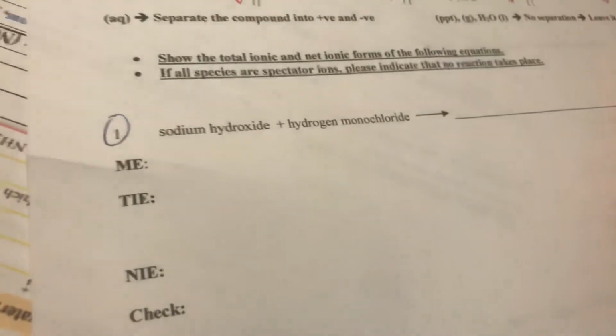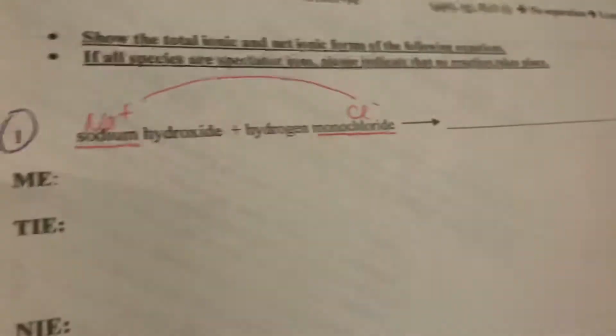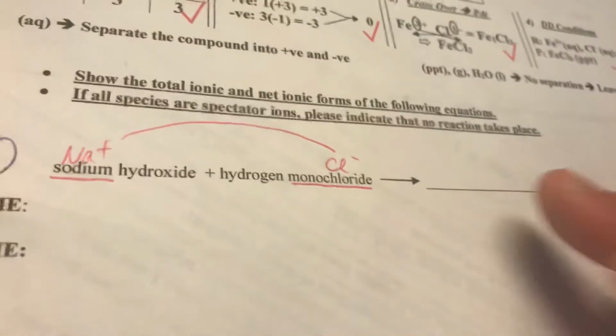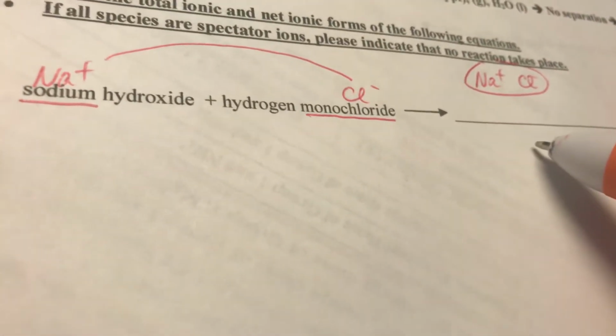Sodium hydroxide is AQ. So sodium is Na plus, and hydrogen monochloride is also AQ, so chloride would be Cl minus. And then I'm going to draw a rainbow. When I draw the rainbow, I will bring them to the first cloud. So Na plus and Cl minus. And then here, I need you to just write down the word.